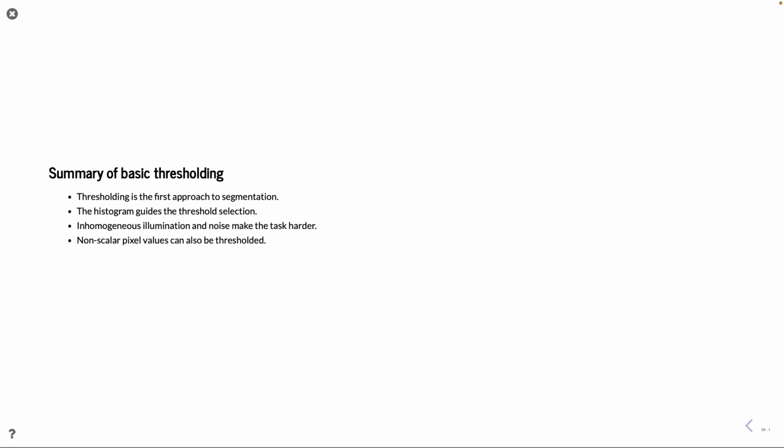Yeah, so this brings me to the end of the first part. So thresholding is one way of segmenting, and it is also the first one. It's very easy because you can usually get an indication from the histogram where to put the threshold. You can of course also work with a slider, for example in ImageJ, and see where you get a good value.